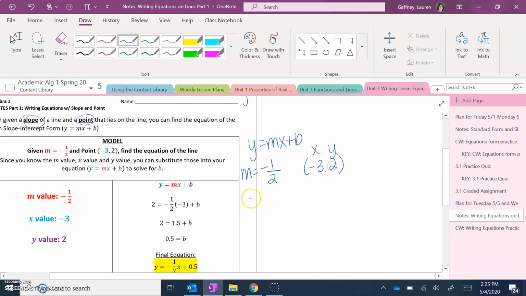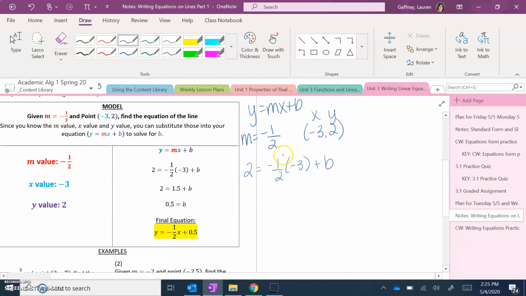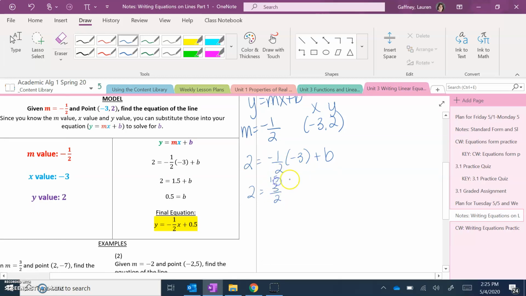So if we fill in y is 2, m is -1/2, x is -3, and then plus b, we don't know. That's what we're looking for. Okay? So if we do this multiplication here, -1/2 times -3 is 3/2, or if you want to turn that into its decimal, 1.5.